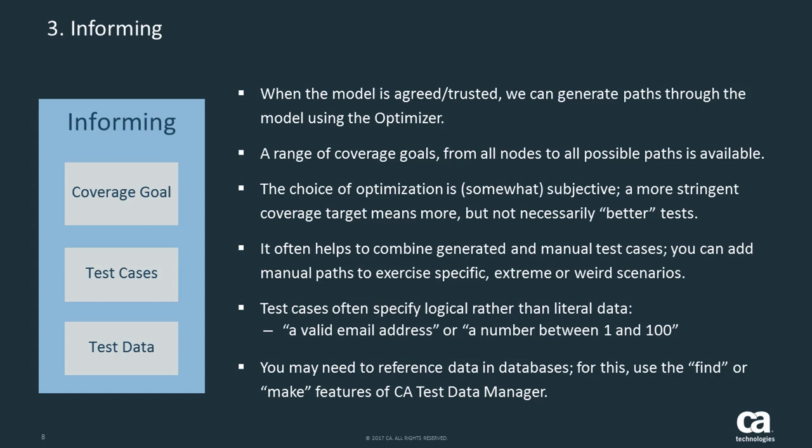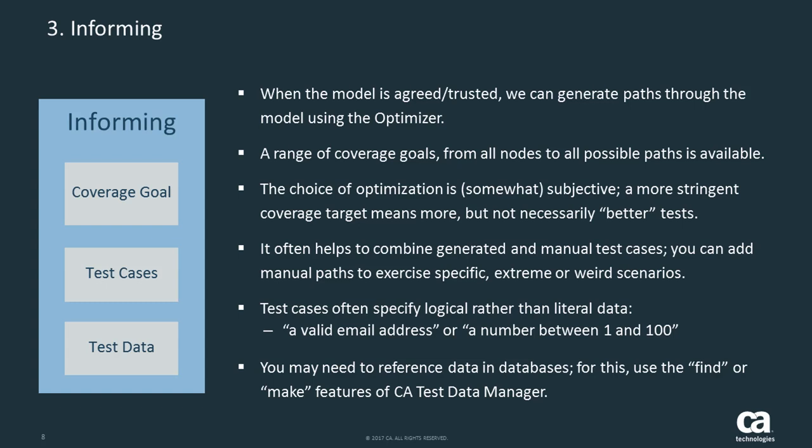It's part of the collaboration that we need to conduct to share our models and our optimizations with our stakeholders and ask them, does this give you a sense of confidence if all these tests are run and pass?